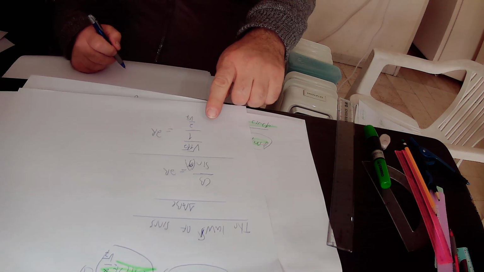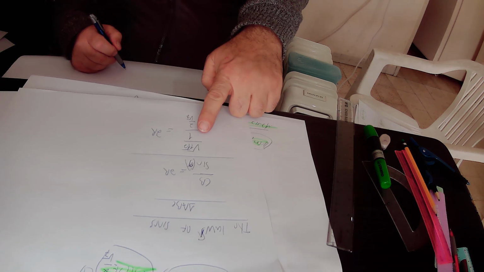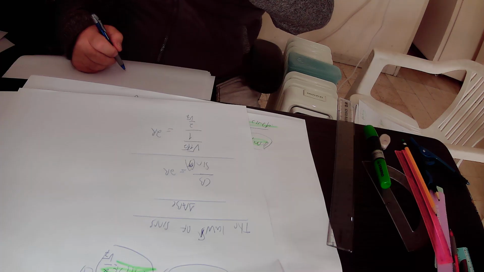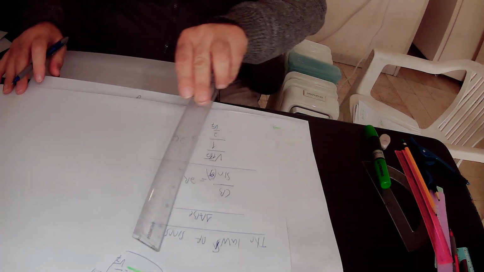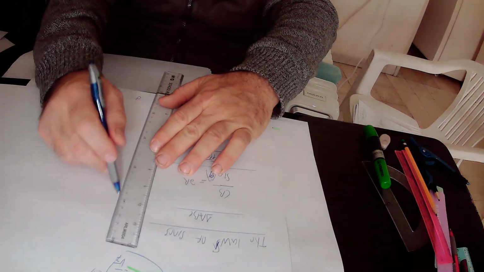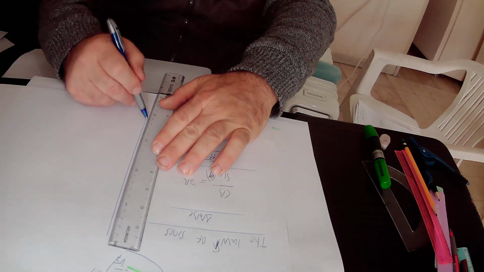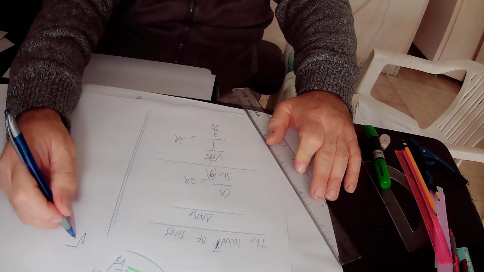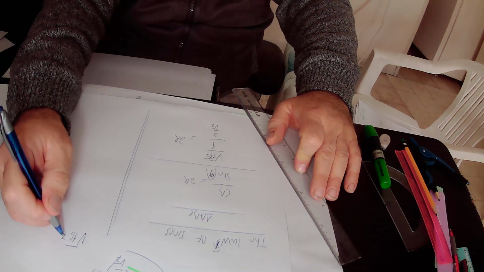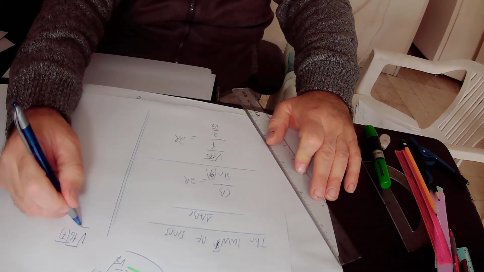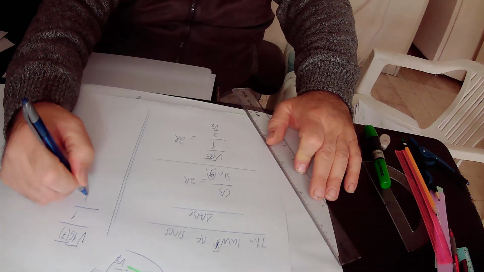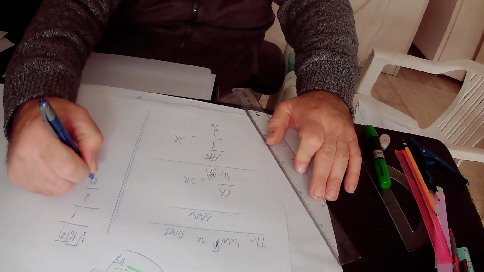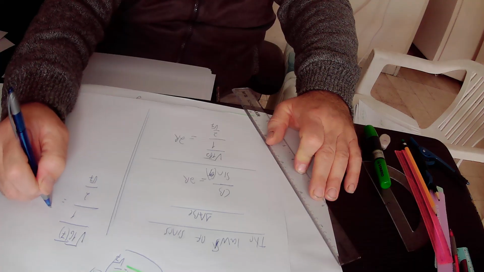Here we will substitute 112 by 7 times 16, and get the square root of 16 times 7, over 1 over 2 over the square root of 7, equals 2R.